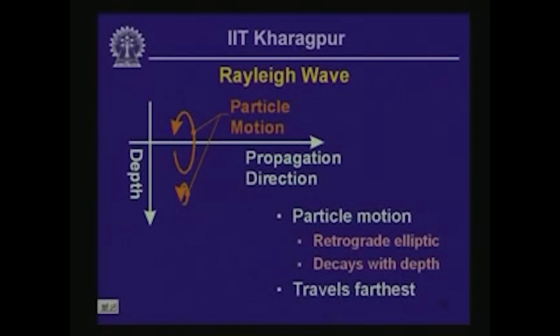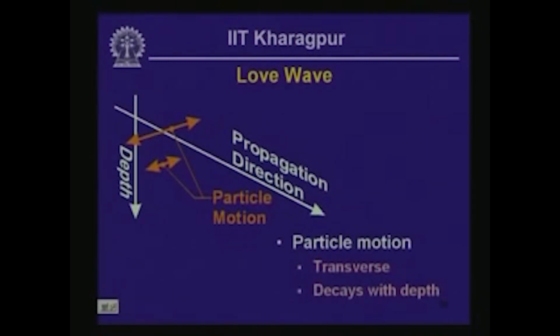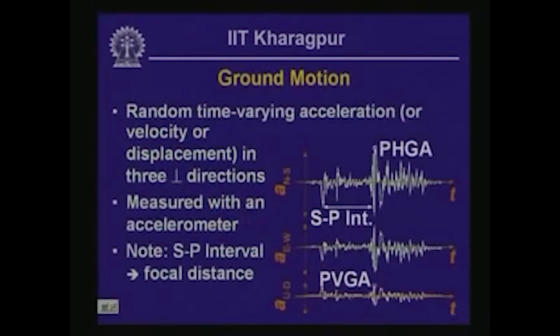So here you have retrograde elliptic particle motion that decays with depth, and this particular wave travels the farthest. It does not decay as readily as P wave or S wave. Love wave is very similar to Rayleigh wave, except here the particle motion is transverse to the propagation direction, but here also the particle motion decays with depth.